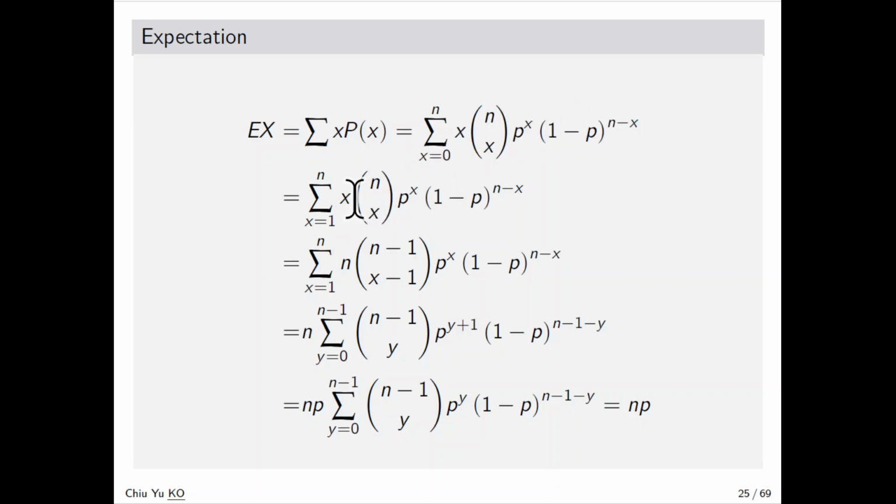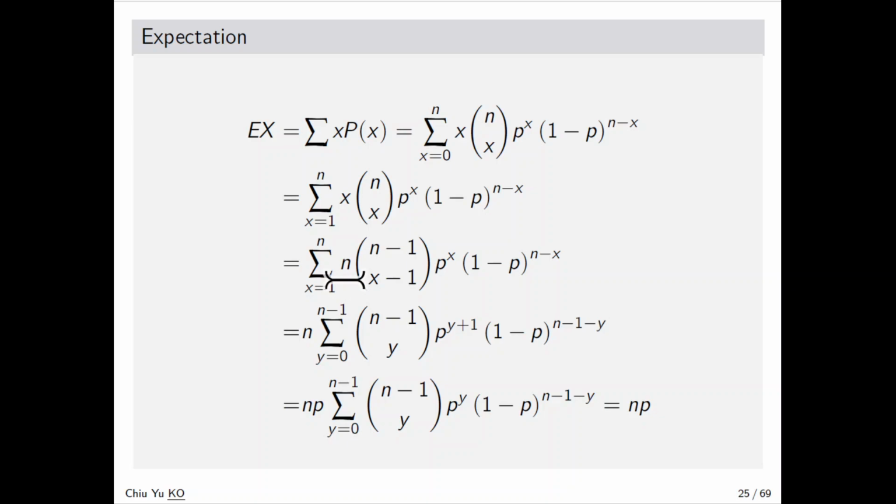The next trick is that x times n choose x can be rewritten: you can take n out, and x out, and change it to n times n minus 1 choose x minus 1. So the x cancels out, leaving n.